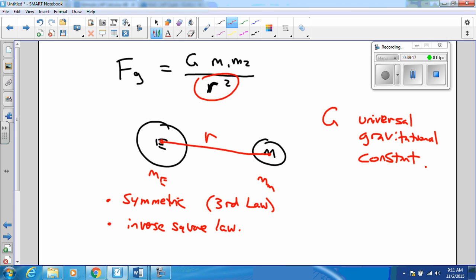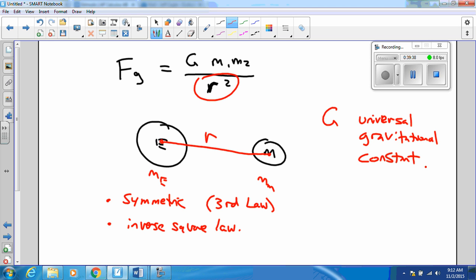That means that if I go twice as far away, my force is going to be 1/4 of the value that it was. If I go to a distance of 3r, my gravitational force will only be 1/9 of the force at distance r.